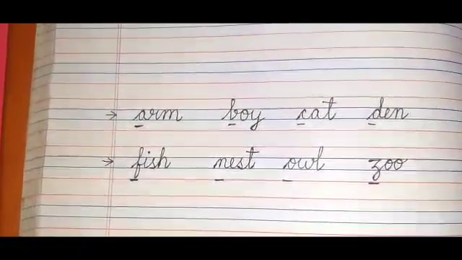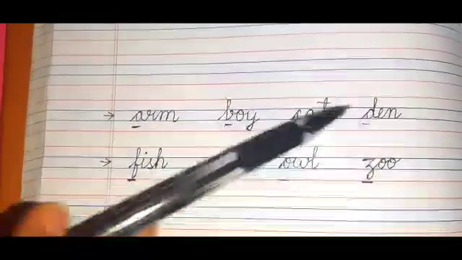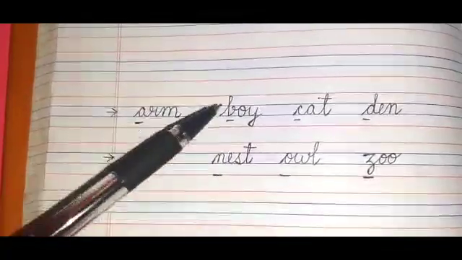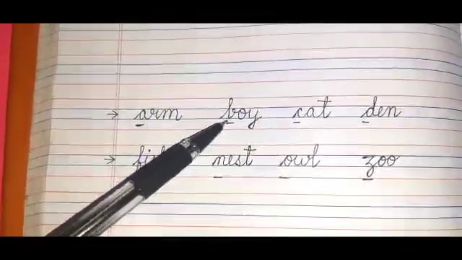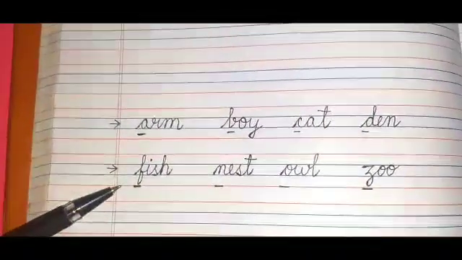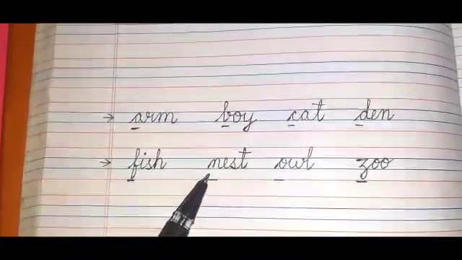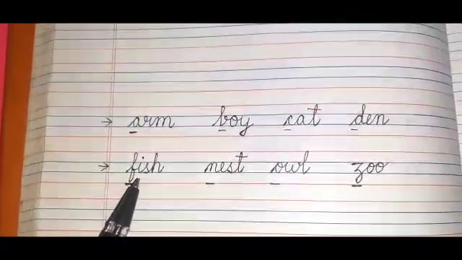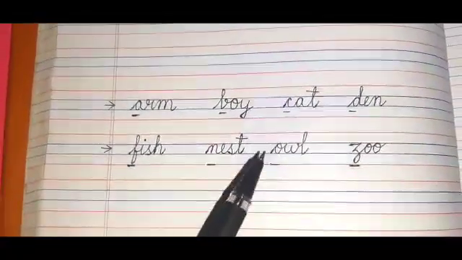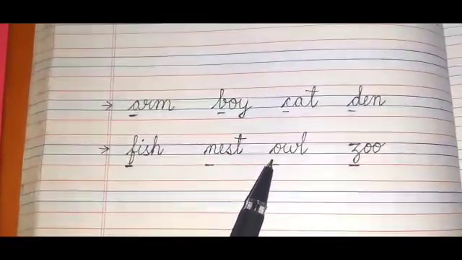But one thing, have you noticed, children? A, B, C, D. These letters are consecutive. That means B comes after A, C comes after B, and D comes after C. But in the second example, F, N, O, Z, N comes after F, but not exactly after F. Then O comes after N. Then Z comes after O, but not exactly after O, isn't it?